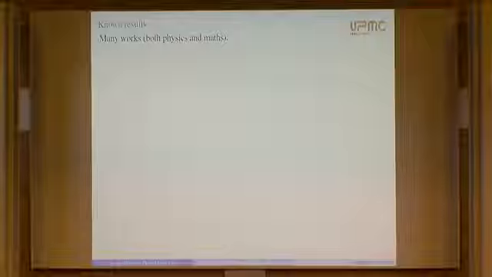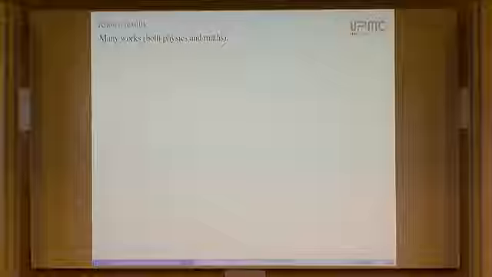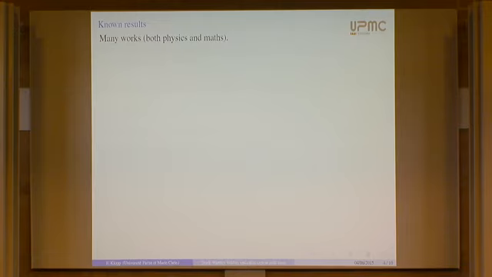This is roughly where the last work in mathematics that I saw ended, and there was nothing really new over the last 15 years, almost. And we may see why this is the case.